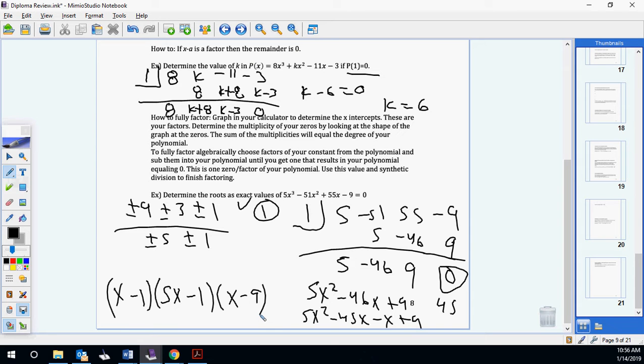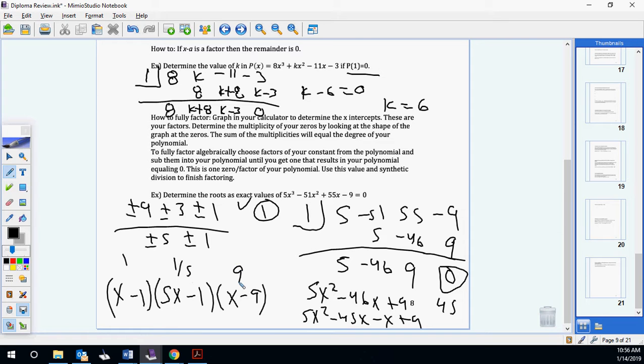A couple things to look at to check your work. From the original, see my 3 constants in the end? Negative 1, negative 1, negative 9. 3 negatives, so the end should be what? Negative. So 1 times 1 times 9 gets me 9. Should be a 9. My answers, I got 1, 1/5, and 9, right?